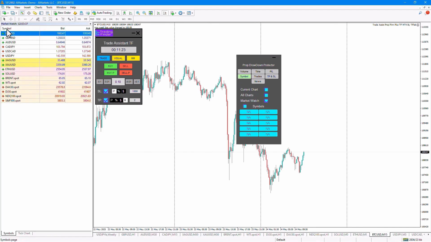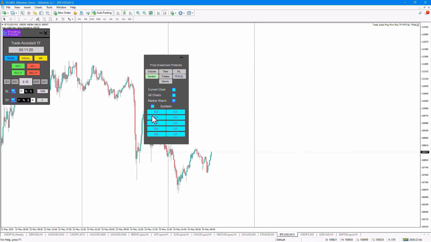And we can use all the symbols listed in Market Watch for analysis and entering trades. And the last option is related to custom symbols, where we are only allowed to trade on these specific symbols.